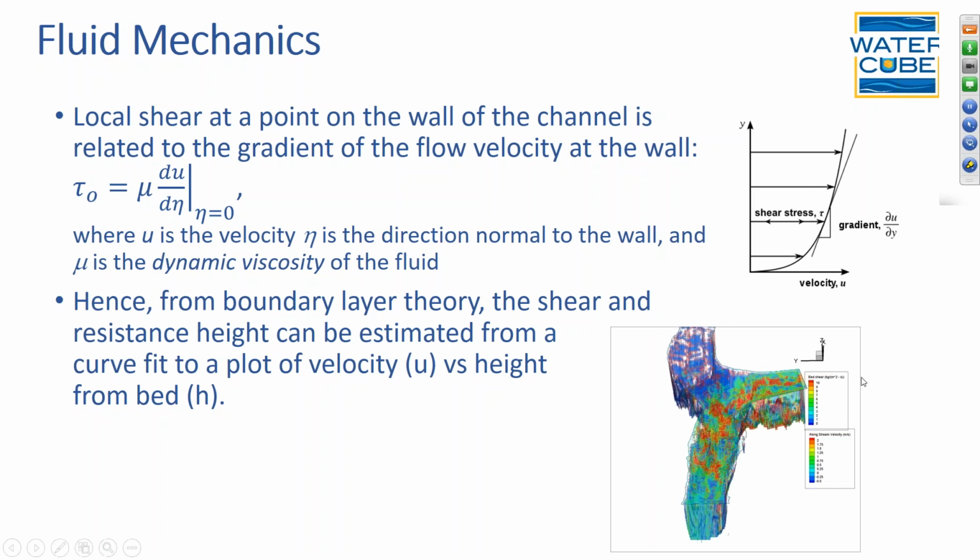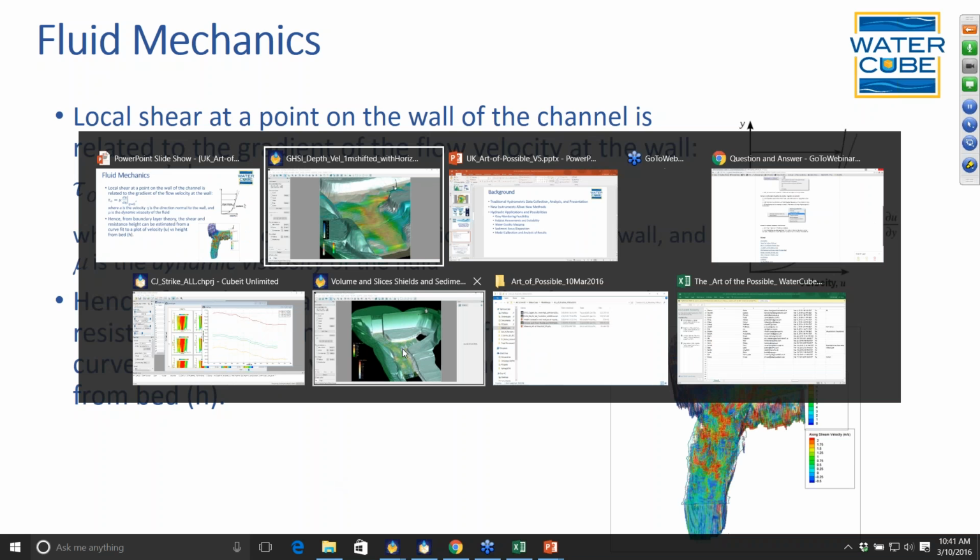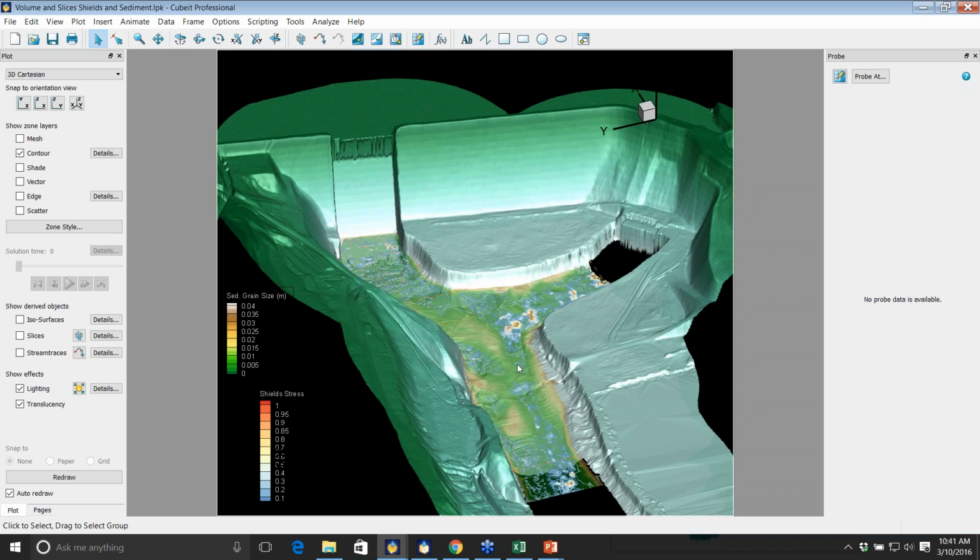So we took the data from CJ Strike, and I've shown it here, but let me go back to a live demonstration. And so again, here we have our CJ Strike reach.